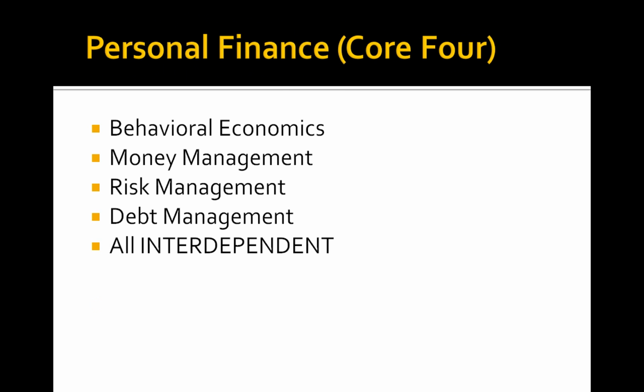Now these are the personal finance core 4 that I brought up before: behavioral economics, money management, risk management, and debt management. And remember what I said before: all aspects of your personal finance are interdependent, or related. To give you an easy context, behavioral economics deals with your behavior, and money management deals with the actual management of your money.